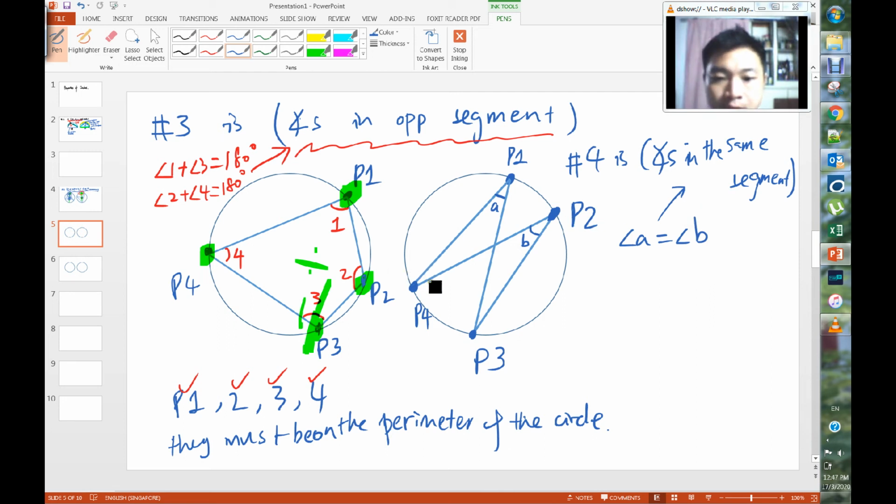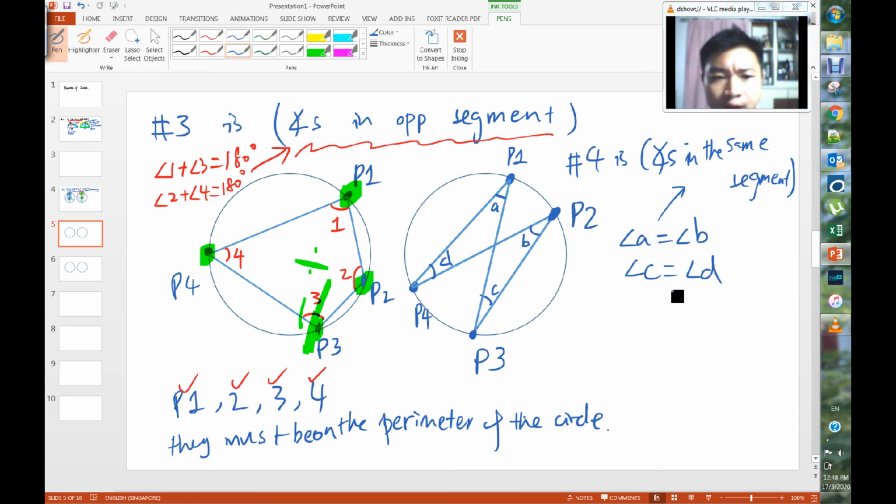Similarly, if this is your angle C and this is your angle D, your angle C is actually equal to your angle D as well. The rule here is angles in the same segment. Okay, so nothing very special here.